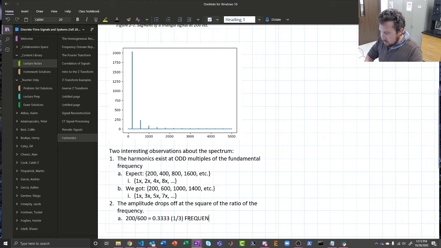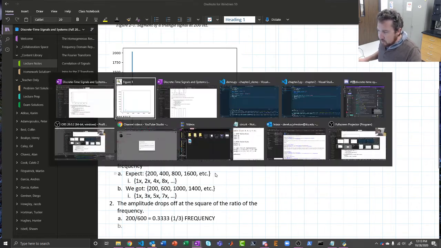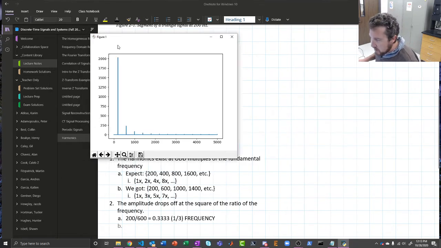That's the frequency. Next, if we look at the ratios of the amplitude, we have to go backwards. So this top one was, I'm going to call it, like 2030, looking at the y-axis. And the bottom one here is like 230.